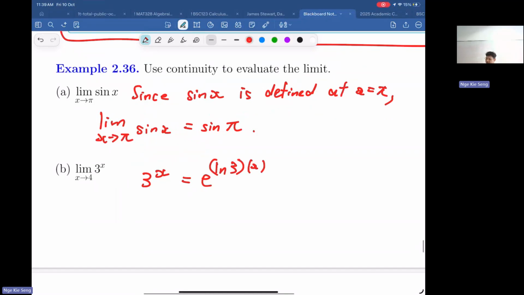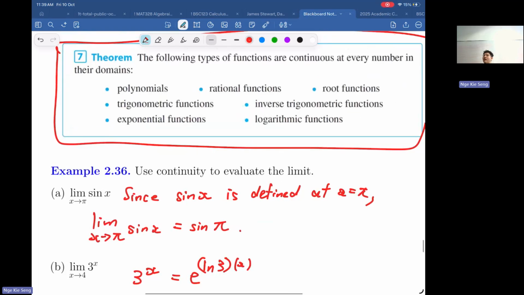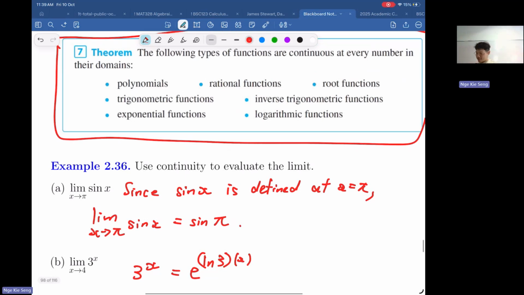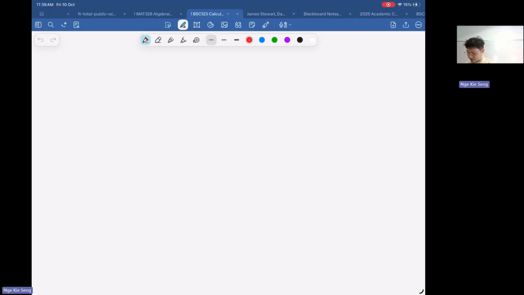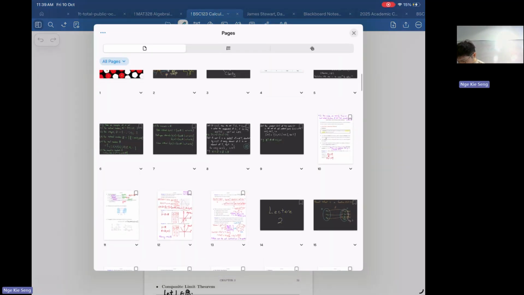All right. So if you look at this 3 to the x, it doesn't really seem to be included in this theorem here. There's no power function here. Do we call this a power function? What do we call this? Let's recall, what do we call this function? Is it included or not? Let's check.